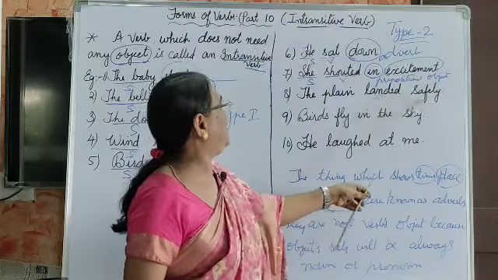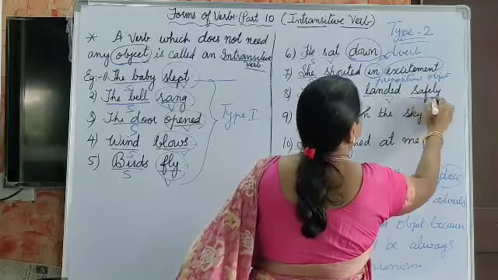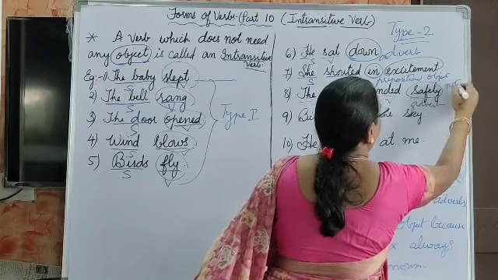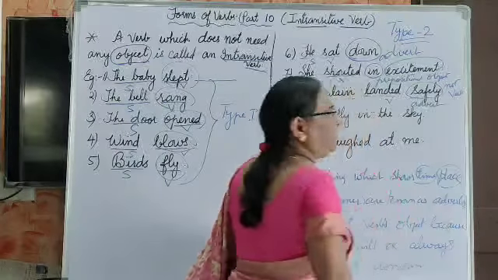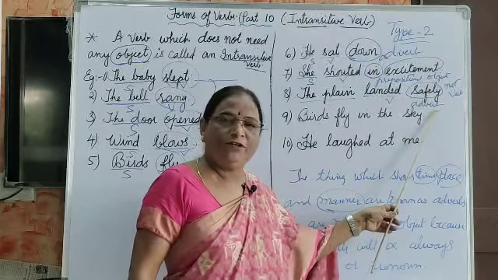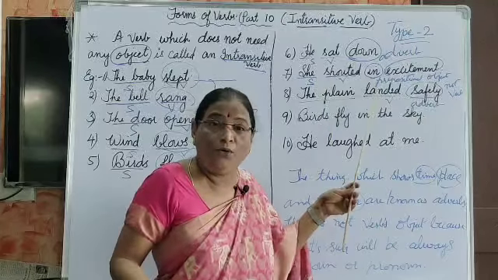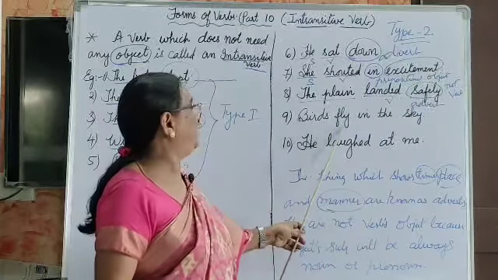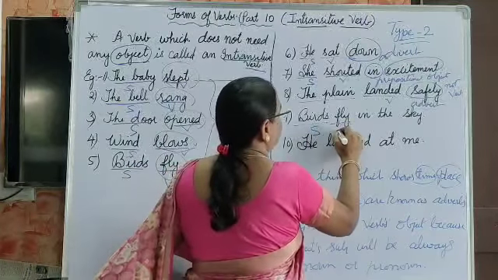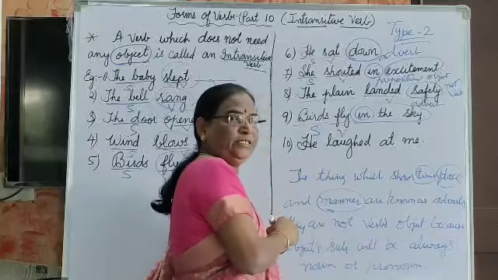The plane landed safely. The plane landed is verb. Safely, how? Adverb. This is not an object. Safely is adverb, because it is telling about how the plane landed, how safely. Next is birds fly in the sky. This is subject, this is verb. In is preposition.